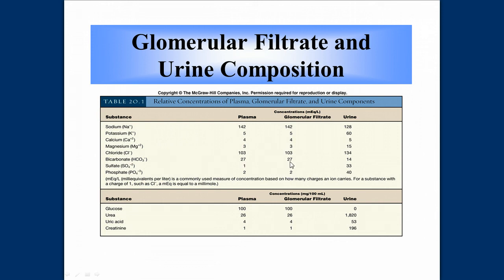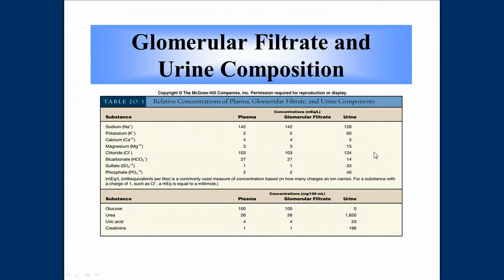Some things we need to get rid of more, and some we need to reabsorb, and that's what happens. So in urine, you're reabsorbing some sodium. You're dumping more potassium into the tubule so it can be gotten rid of, and so urine will have more potassium than that plasma or glomerular filtrate.